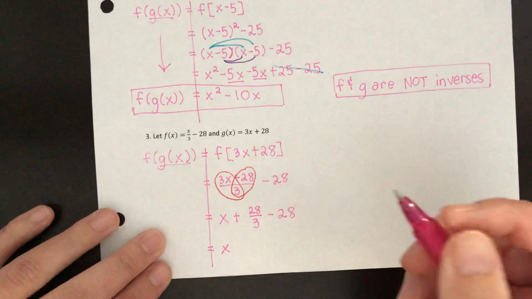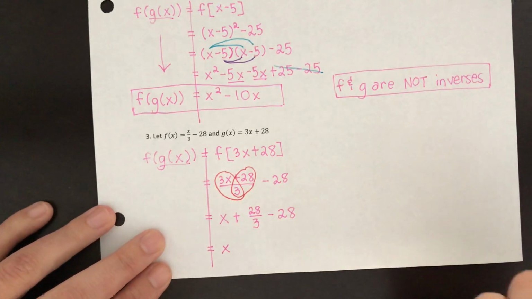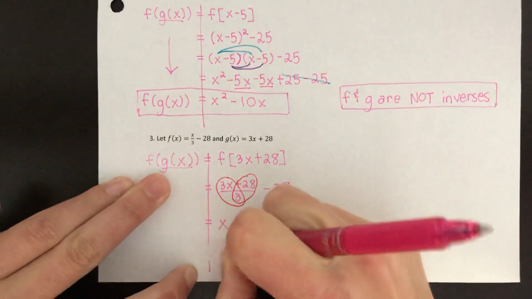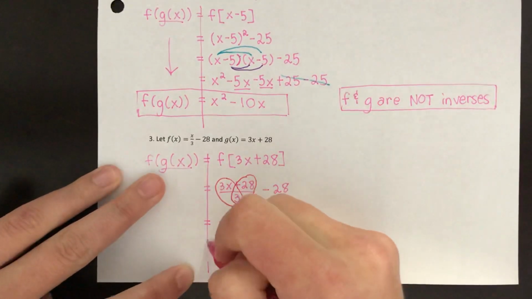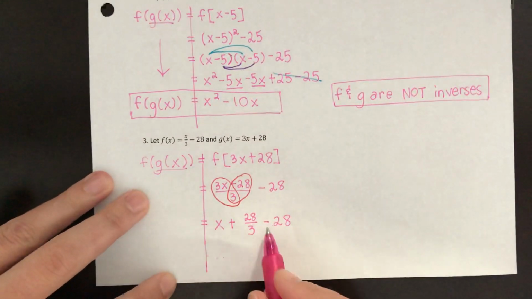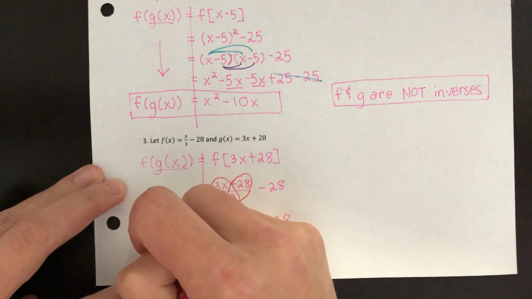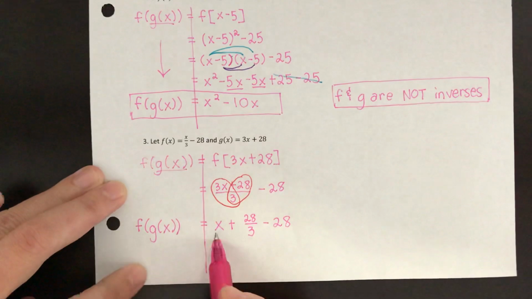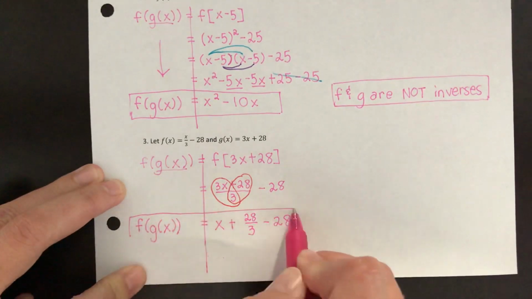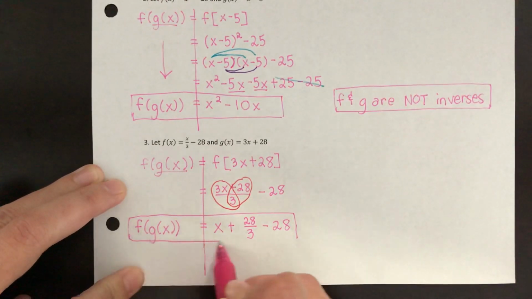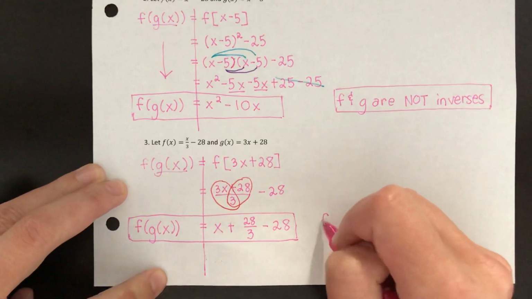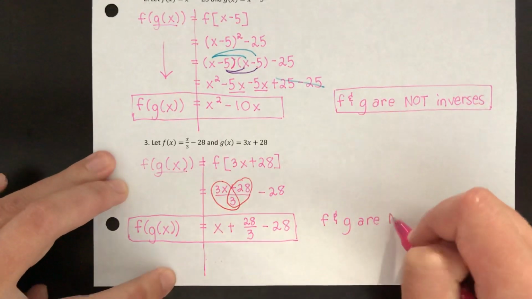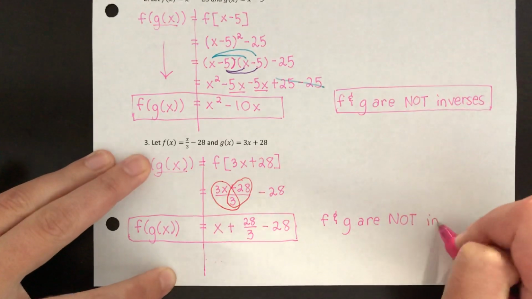I mean, we can do this math, but it's not really worth it because I know that these two values aren't going to add to 0. So I can really stop right here because I already know that this is not just going to equal x. So since this doesn't just equal x, f and g are not inverses.